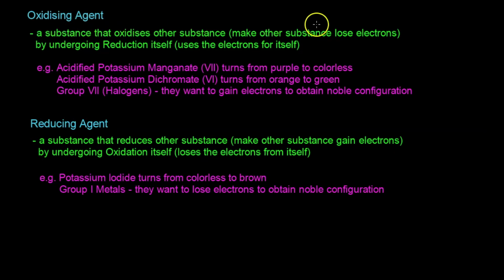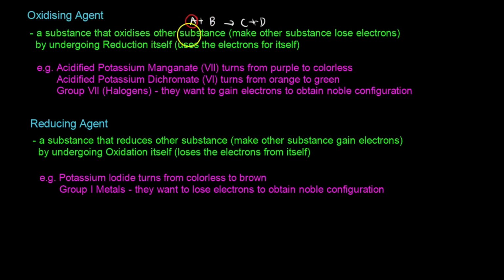So what's the definition for oxidizing agent? It's a substance that oxidizes other substances by undergoing reduction itself. If you recall in the previous slide, reduction is gaining electrons. Oxidation is losing electrons. So back to my equation, A plus B giving us C plus D. If I want to focus on A, let's say that A is the oxidizing agent.